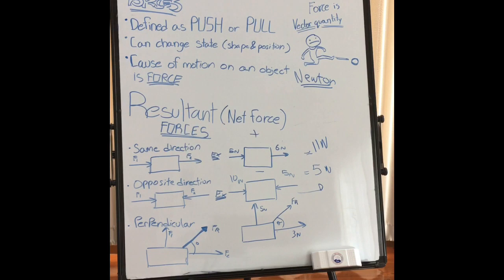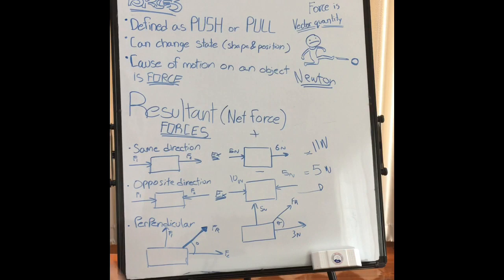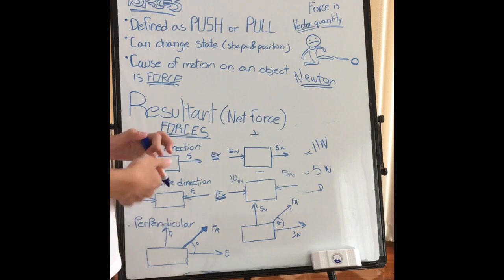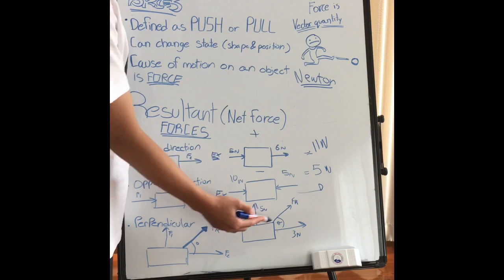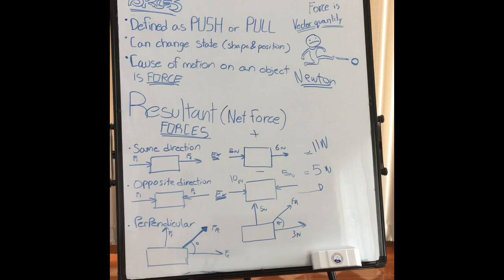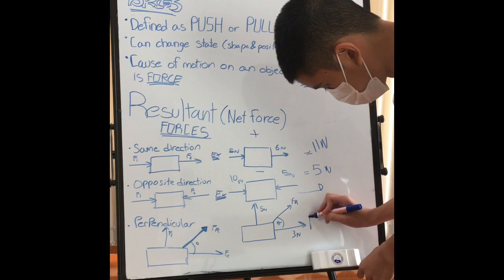So it's 5 Newton to the right. And the last one is perpendicular. For example, 5 Newton upward and 3 Newton to the right. We need to find the resultant from here, and also the angle. So we need to do it like this.